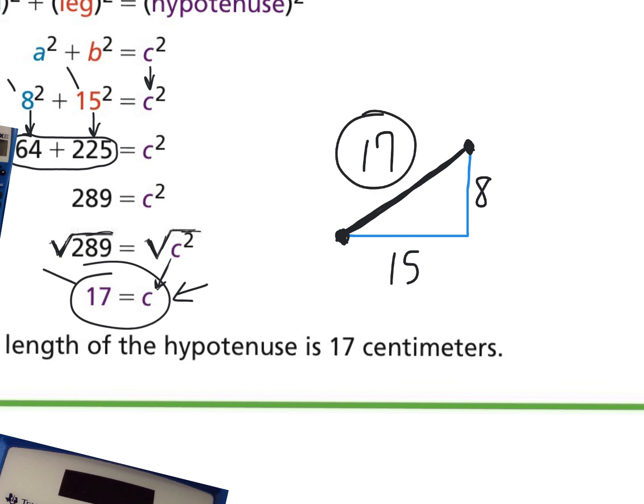So 17 should be less than if I add the 15 and the 8 together. 15 plus 8 is 23, and that should be bigger than 17 because that's a longer distance for me to walk if I'm going in between these two points. So those are two things you can look for to help verify if your answer is correct. One is that your hypotenuse should be the longest side. The other is that your hypotenuse should be less than the sum of the two legs.